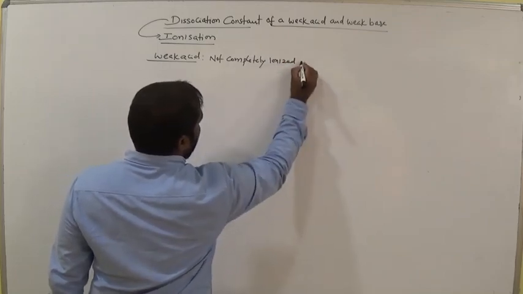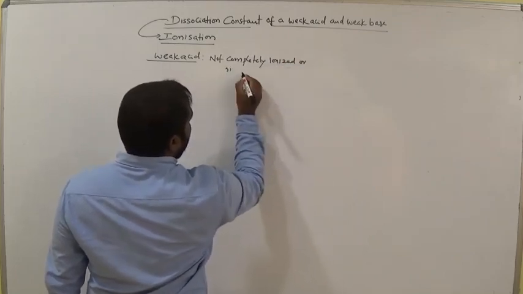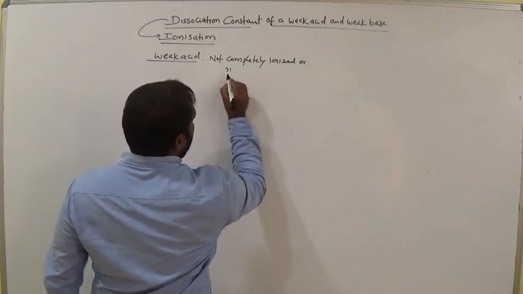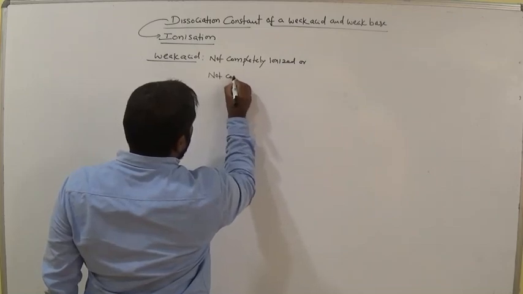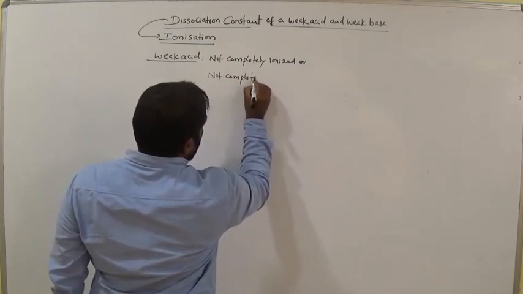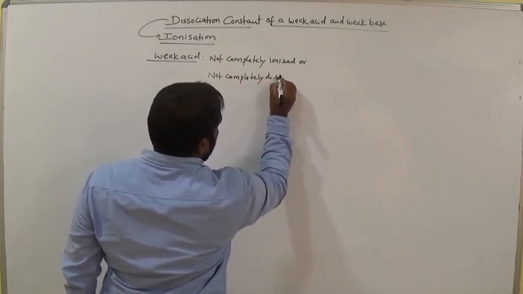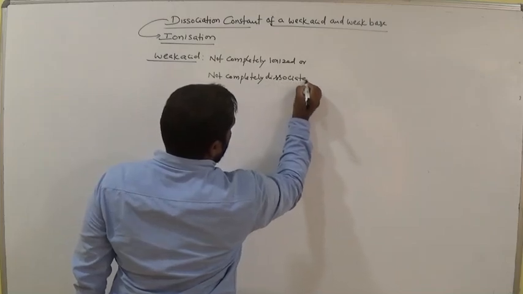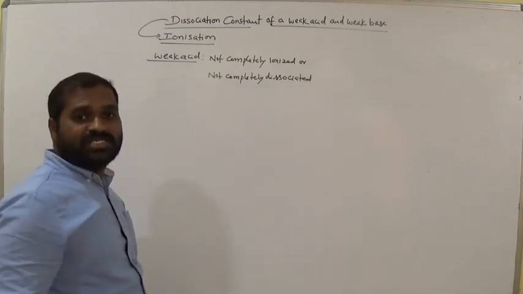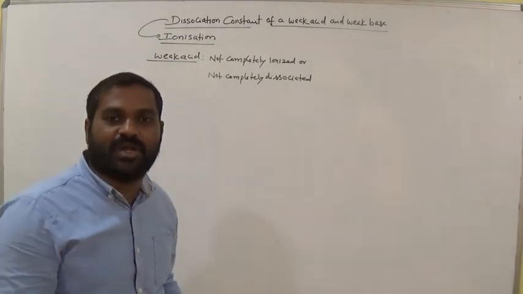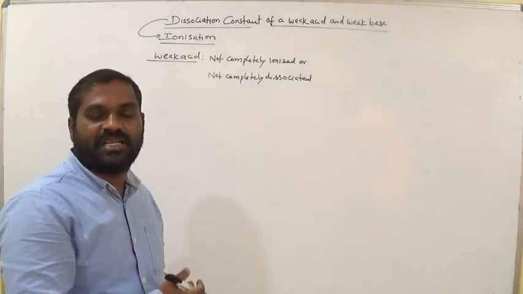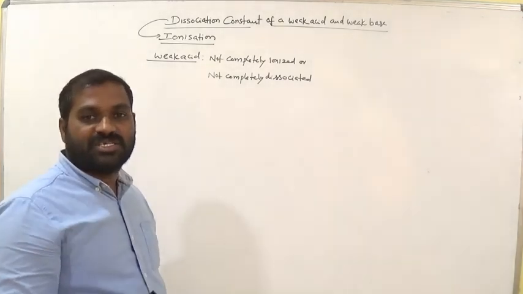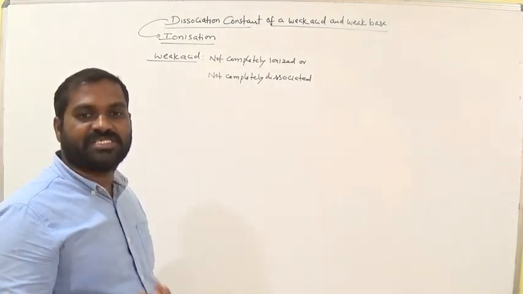Not completely dissociated. If it undergoes 100% dissociation, if you take 100 molecules and all are ionized as H plus and Cl minus, suppose HCl, then it is called a strong one; otherwise it is weak.